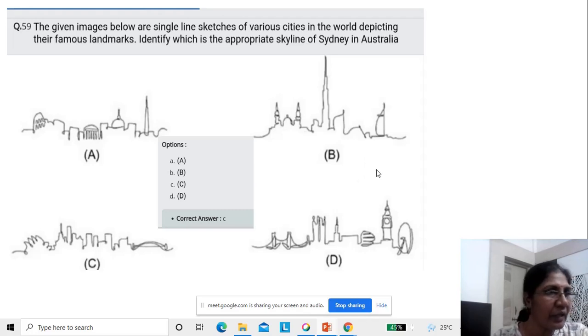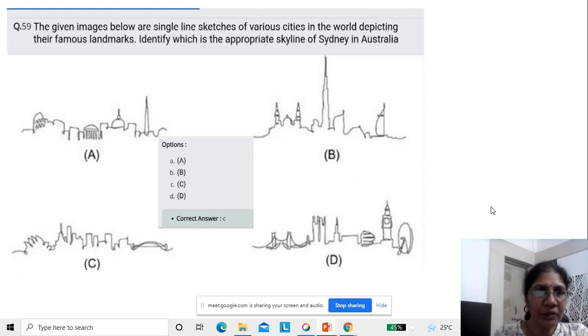If we develop that much awareness, then we can easily answer the questions. So let's see what the other three outlines represent. This is about Sydney Opera, and by this we could identify.